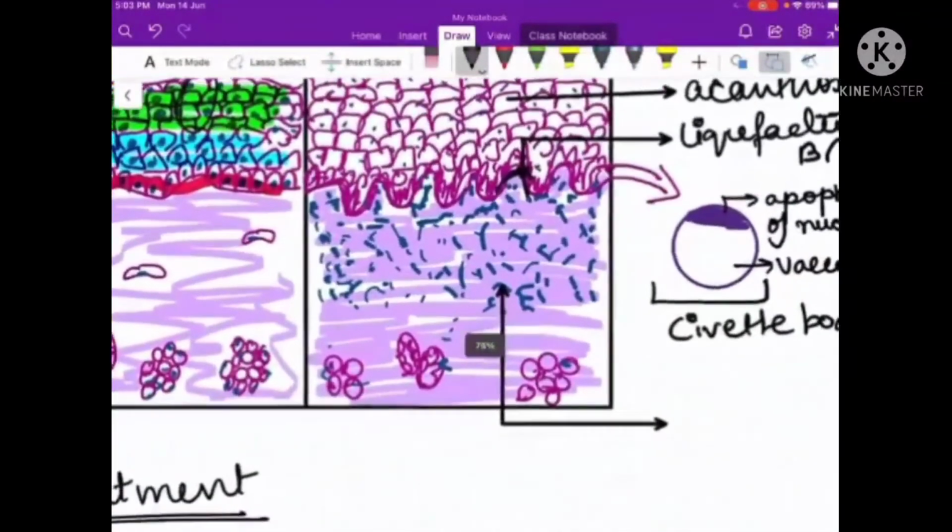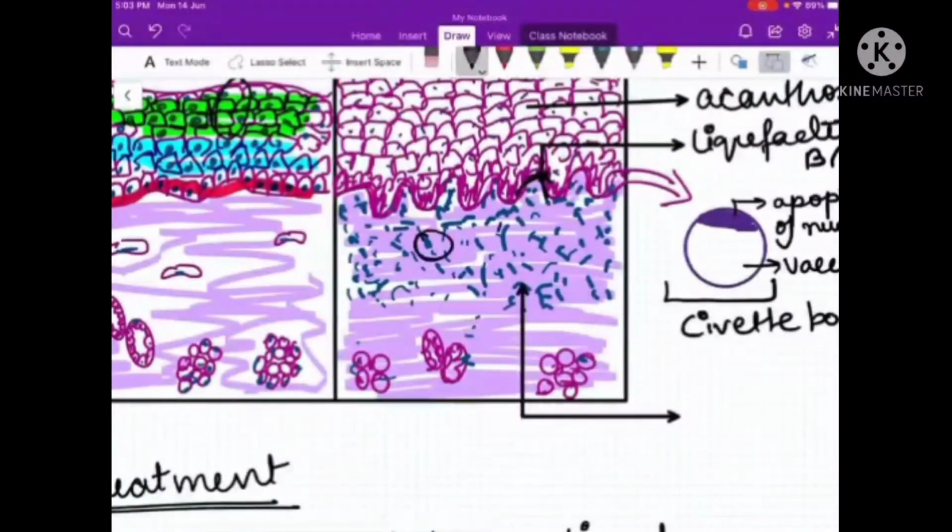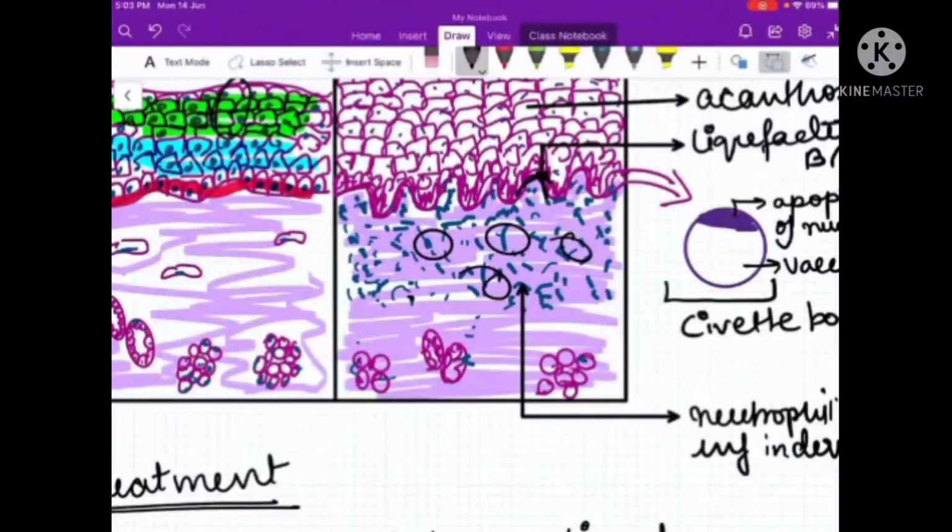And also we see lymphocytic infiltration in the dermis layer. The deeper layer of dermis is spared.